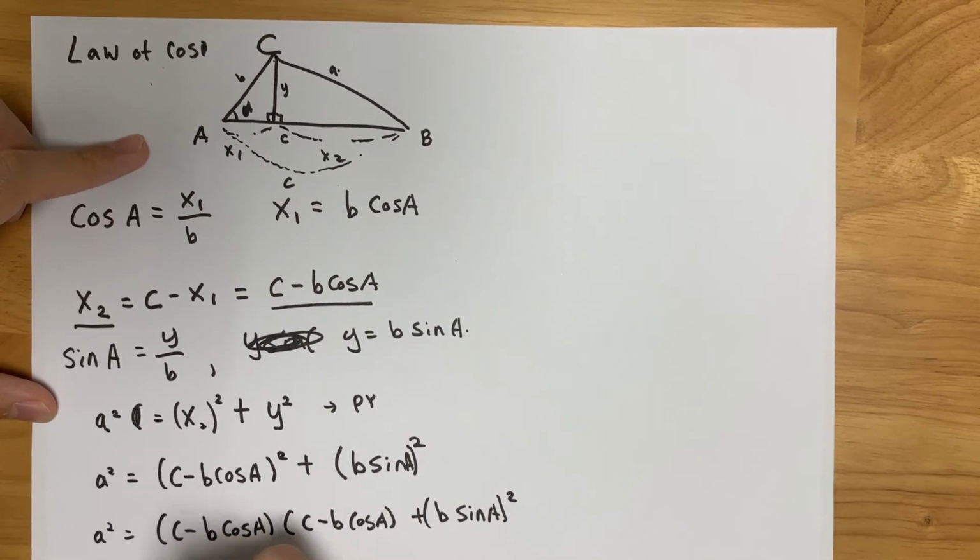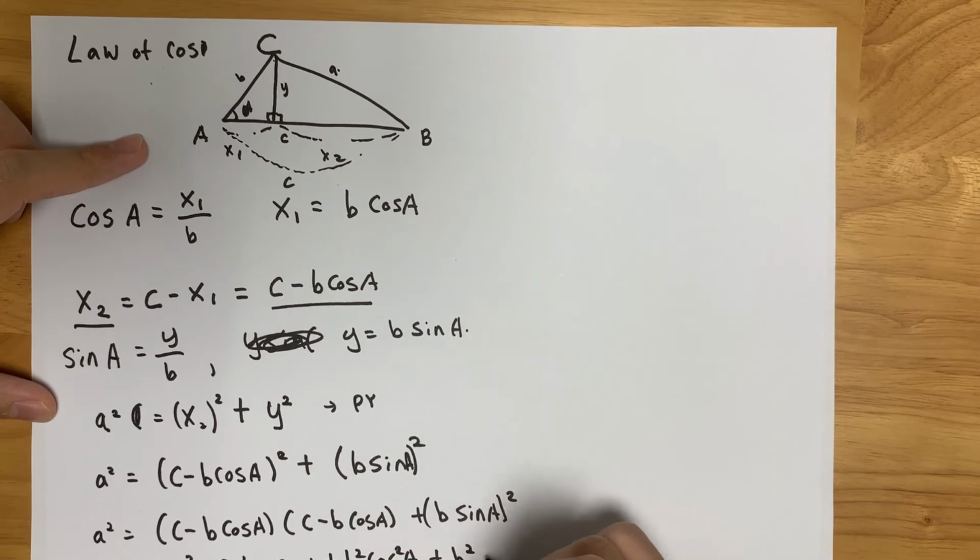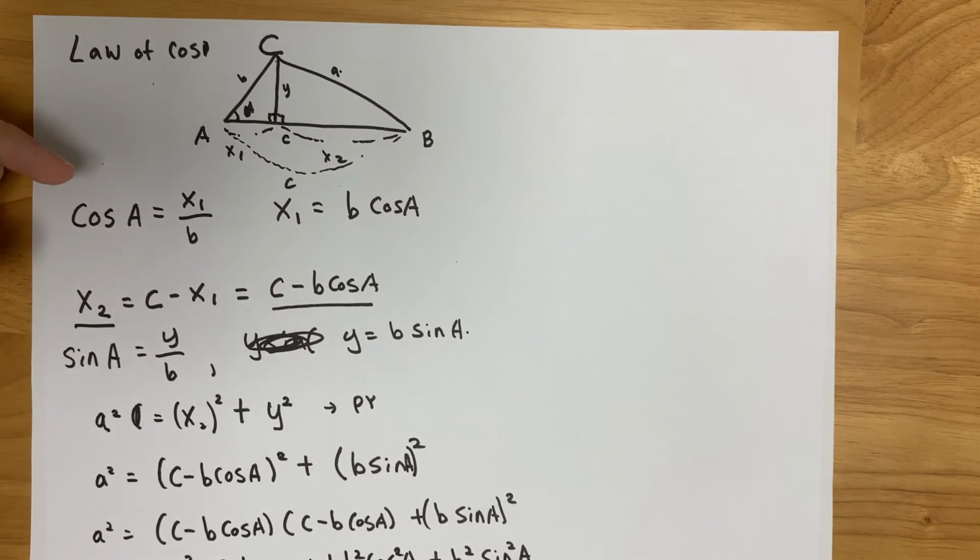Then multiplying this out is c squared, c multiplied by minus b cosine of A, multiplied by c is minus 2bc cosine of A. And minus b multiplied by minus b is plus, because if you multiply minus by minus it is plus, b squared cosine squared of A. And this one will be b squared sine squared of A. Right.